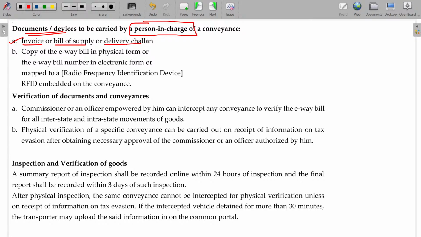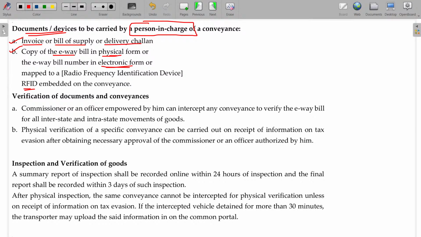These 3 we already studied there, right? And a copy of the e-way bill in physical form or in electronic form mapped to RFID embedded on the conveyances. Radio frequency identification device, right?